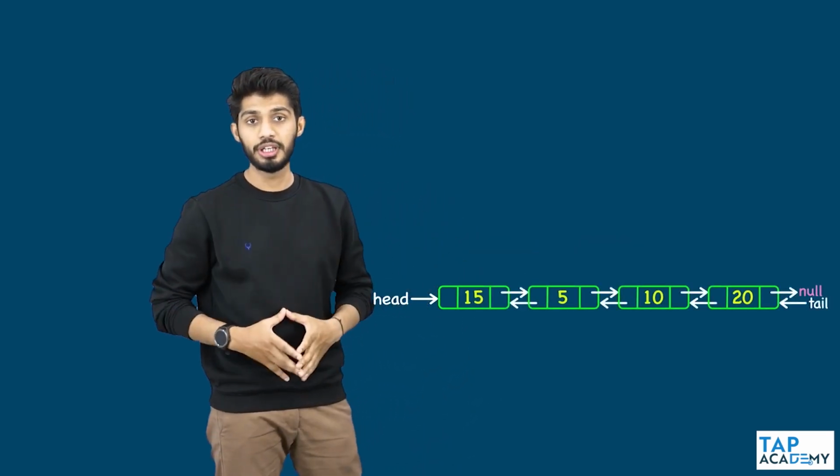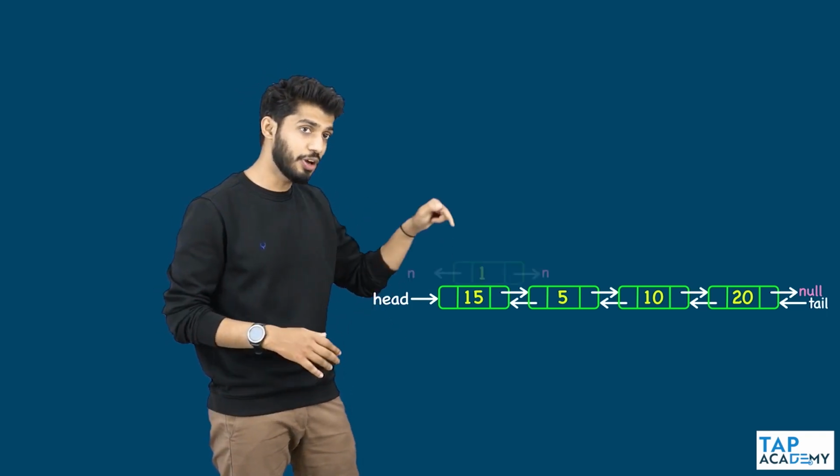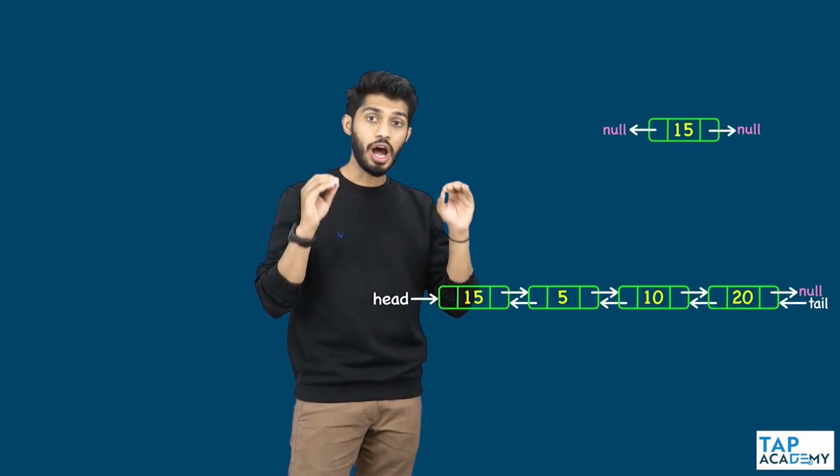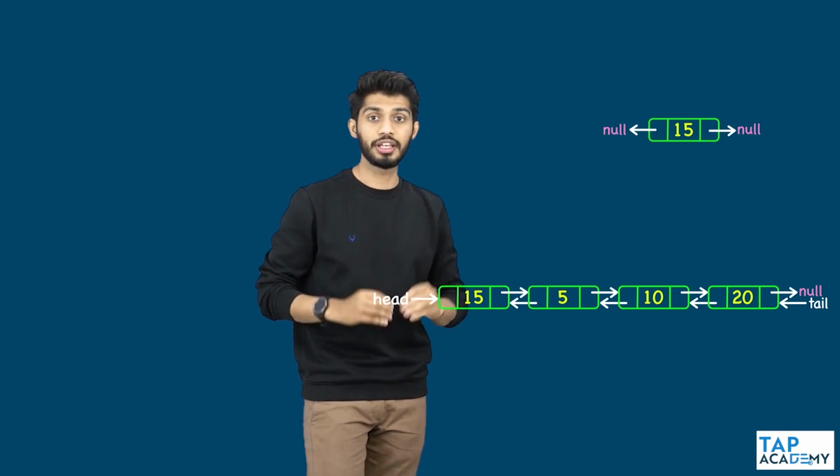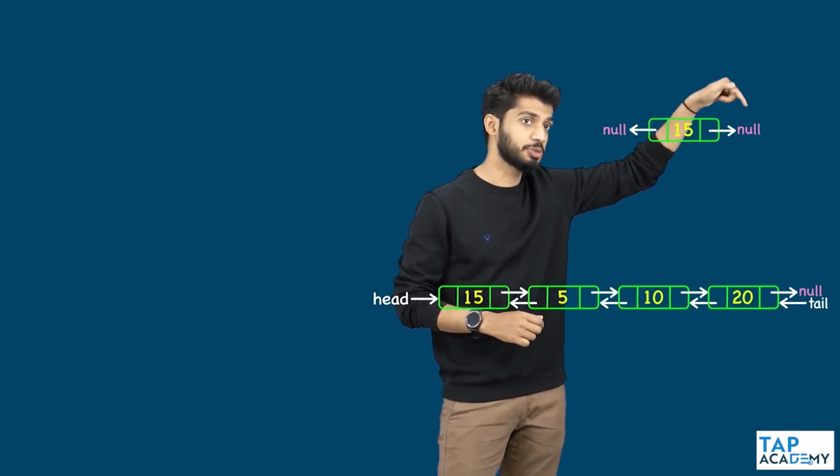Now let's first define the doubly linked list data structure, and moving ahead we'll write many programs over that particular data structure. So the first thing is, if a doubly linked list looks like this, how exactly should the node be? If I pick any one node from here, what exactly does this node look like? If you observe, there are three parts in this particular node.